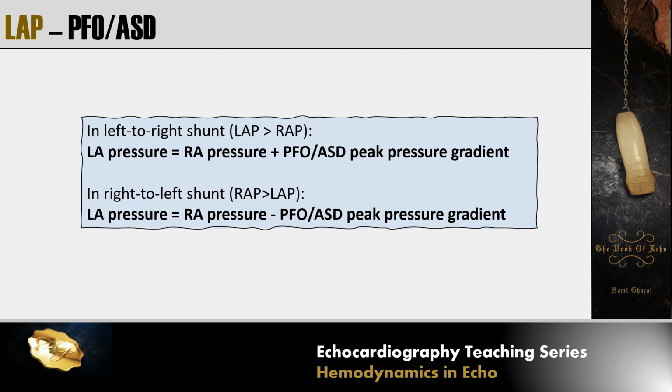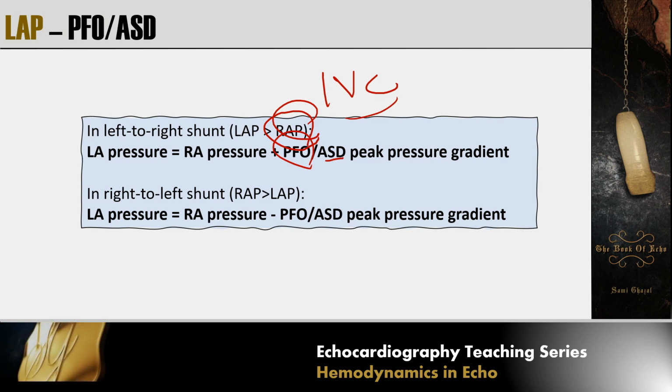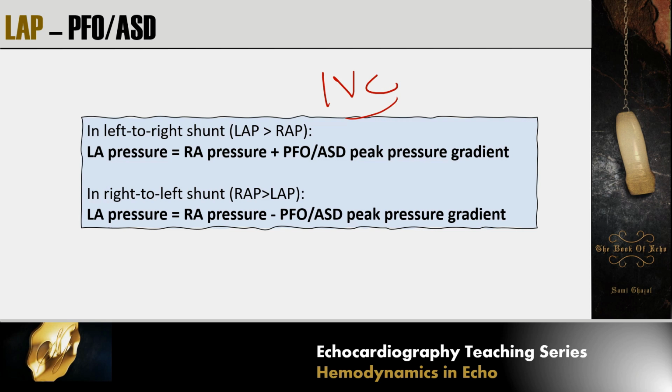Similar to estimation of RA pressure, we can estimate LA pressure from PFO or ASD. However, estimating LA pressure is even simpler because RA pressure can be easily estimated from IVC. Once we know the RA pressure and we have PFO or ASD, we can utilize this equation to estimate the LA pressure.